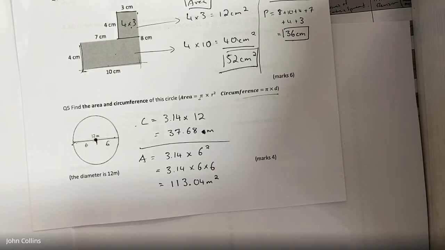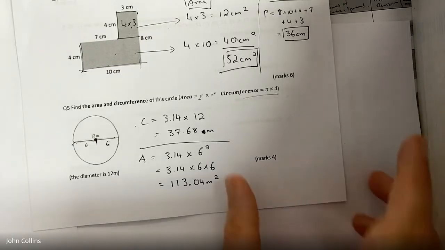I'll accept all answers that round to within the same whole number. If you've rounded it to a whole number, don't, unless I ask for it to the nearest whole number. 2 decimal places in general is any answer. And I'll accept if you use the pi button versus 3.14, I accept both answers. So there will be a slight difference because of rounding. Okay.